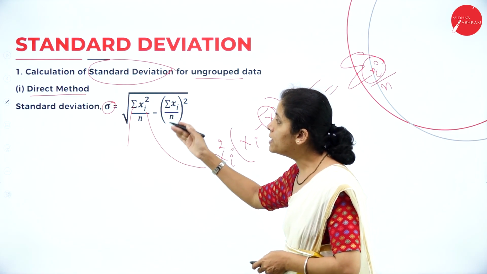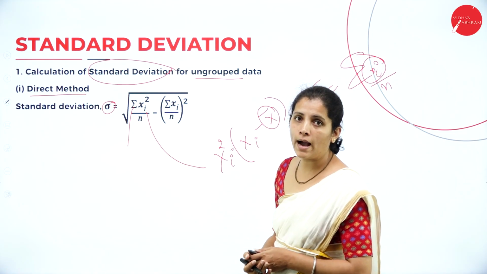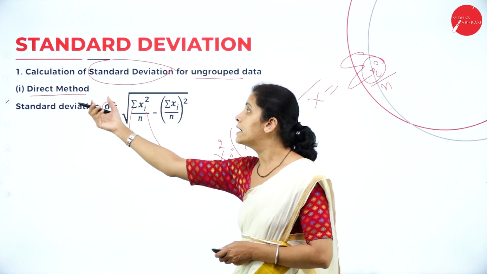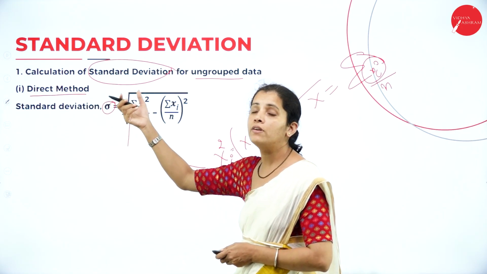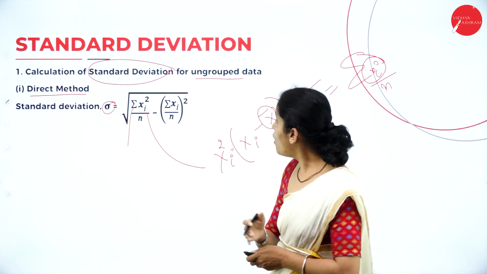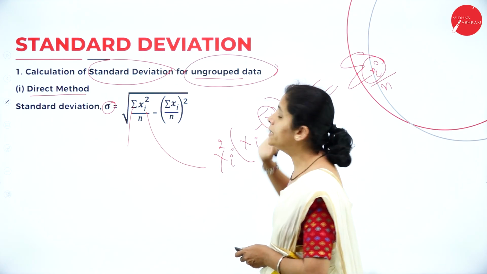Now, this is the formula used to find the values directly, in the sense by using the direct method. So this is the first type, which comes under standard deviation for ungrouped data.